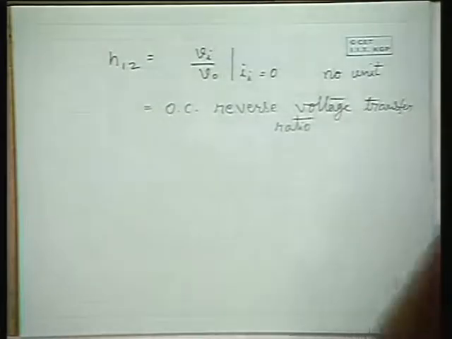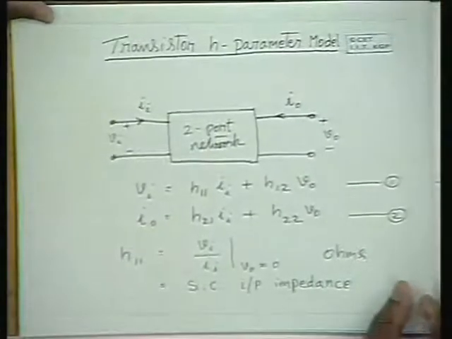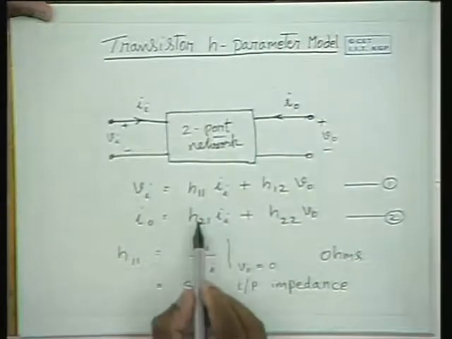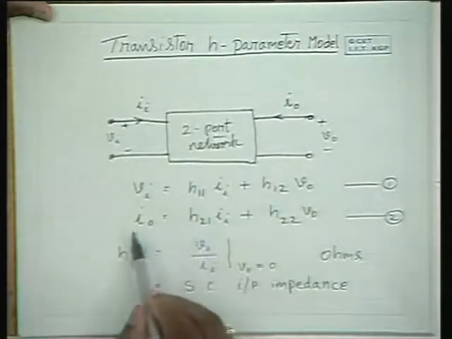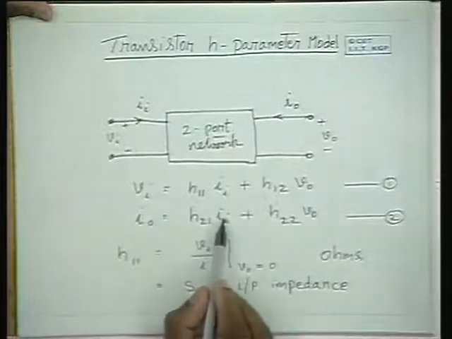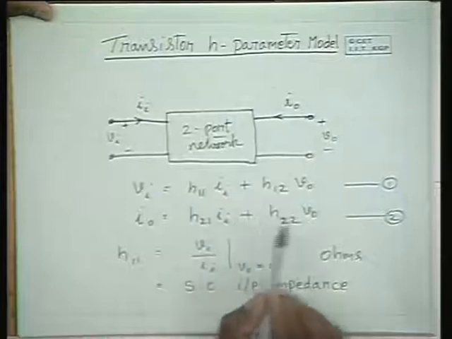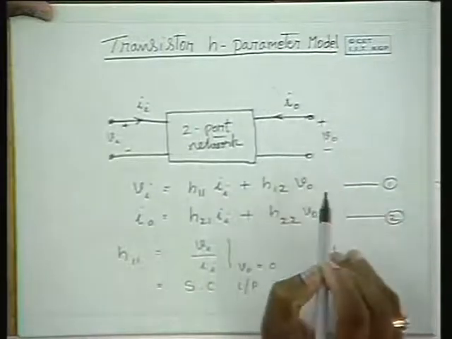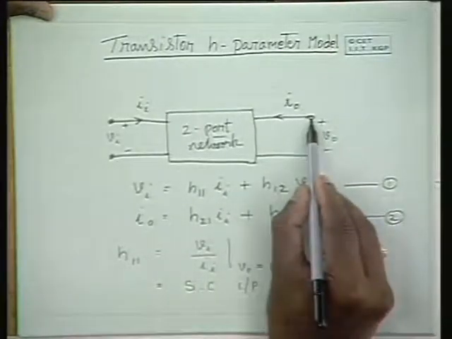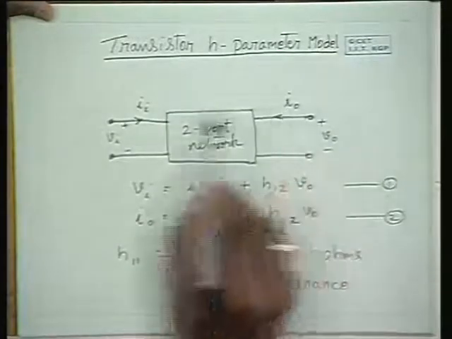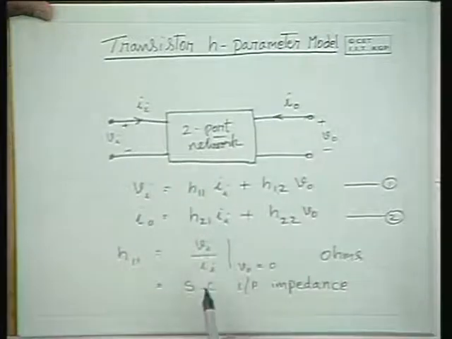Now, looking at the second equation, please note that H21 can be obtained as a ratio of I0 to Ii. Output current to input current ratio is H21 when V0 is 0. That means when the output terminals are short circuited, output current to input current ratio is H21.